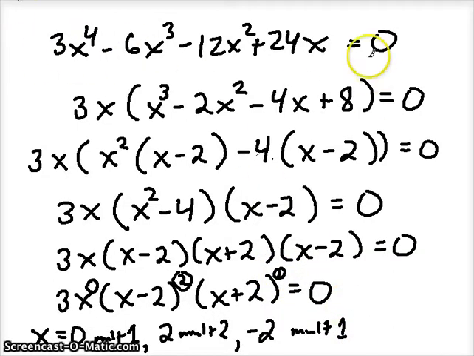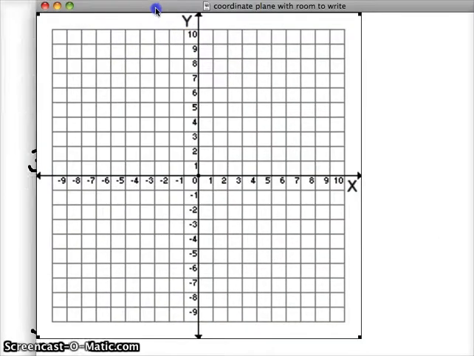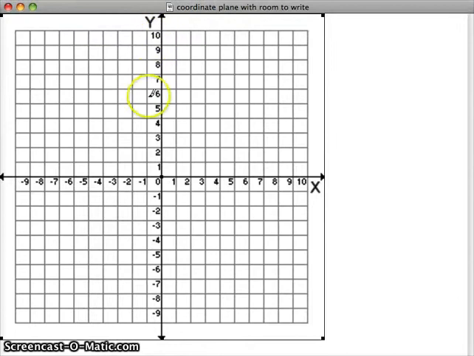If you plug this into your graphing calculator, you can check it out with me. So when we look at the graph, we notice that it crosses right here in behaviors going up there. It's going to cross at 0, and then it's going to just touch it right there at 2 and go back up.